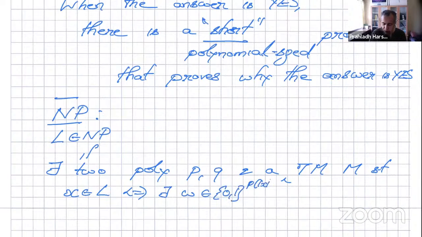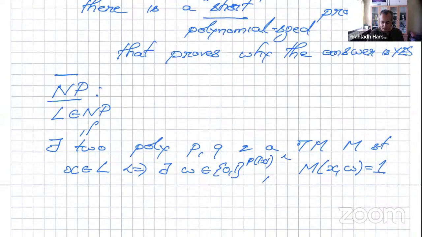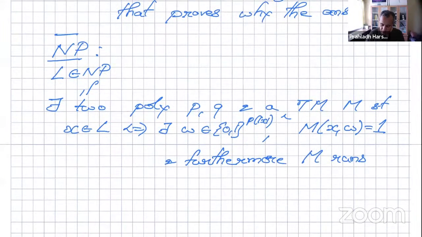The proof is only polynomially long in terms of the input length, such that M accepts this instance and the witness together, and furthermore, M runs in time at most q of |x|.